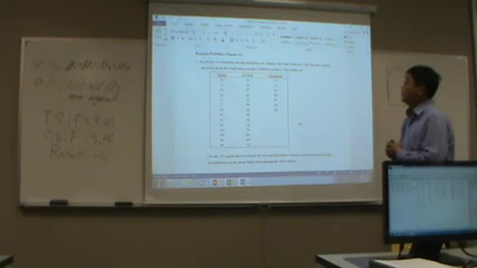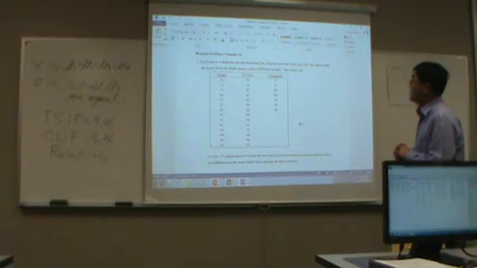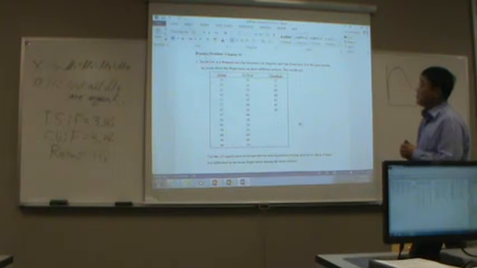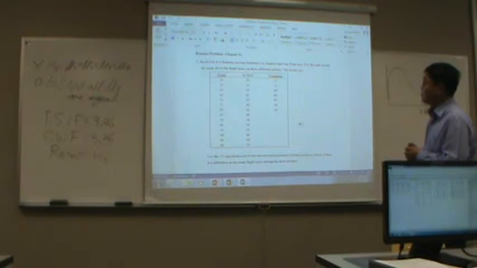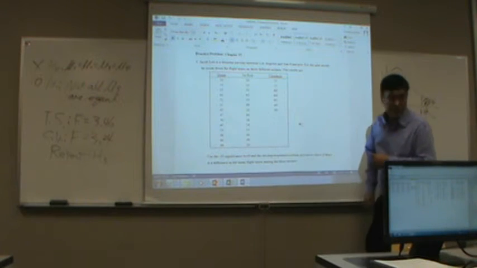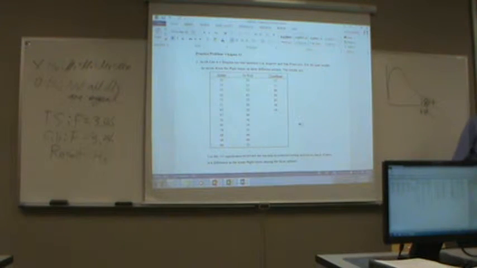Ch012 is a frequent traveler between Los Angeles and San Francisco. For the past month, he wrote down the flight times on 3 different airlines. The results are like this. Use the 0.05 significance level and the 6 steps.